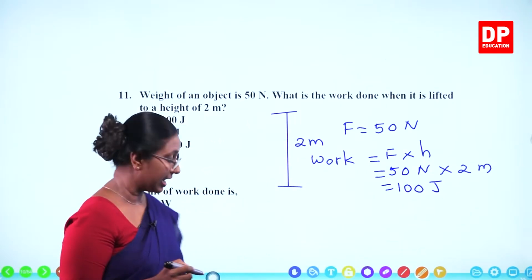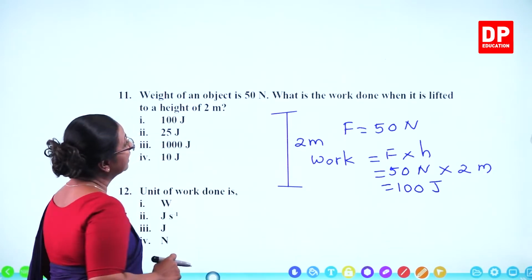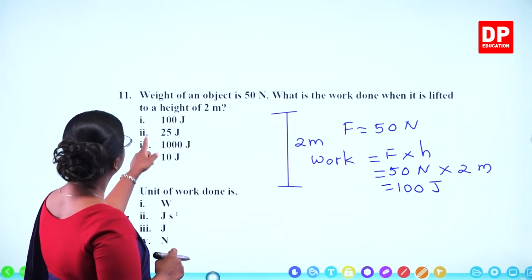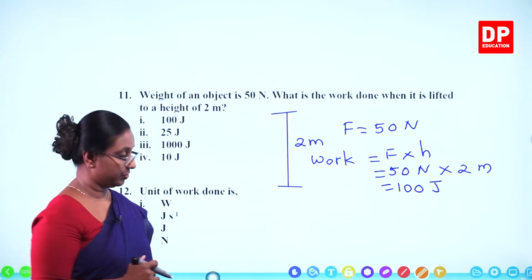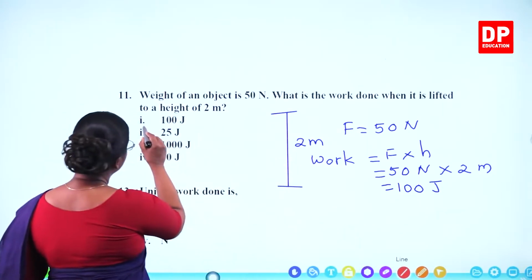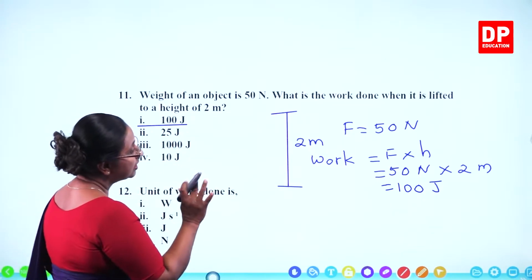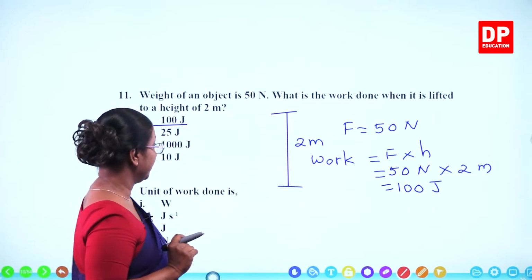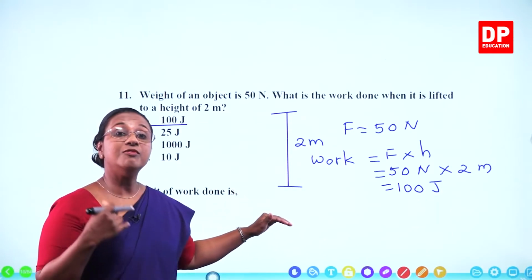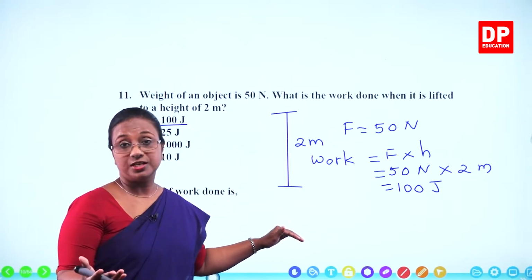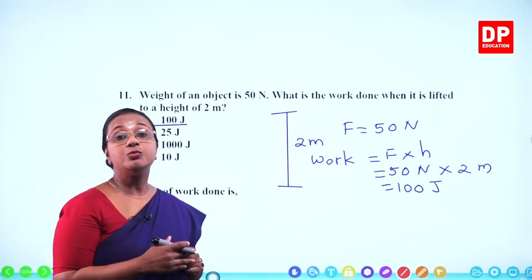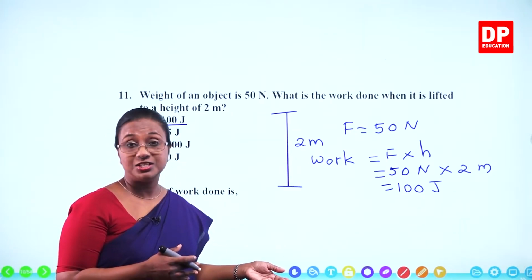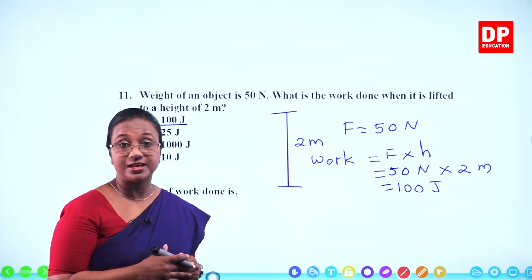A direct calculation. So if we look at the answers here, 100 joules, 25 joules, 1000 joules and 10 joules. So the answer is going to be 100 joules. Here students, you all have to look at the unit. Normally they tell you the mass of an object, given in kilograms. So to convert it to weight, we multiply by gravitational acceleration 10 meters per second square.